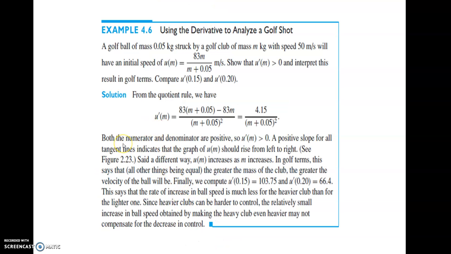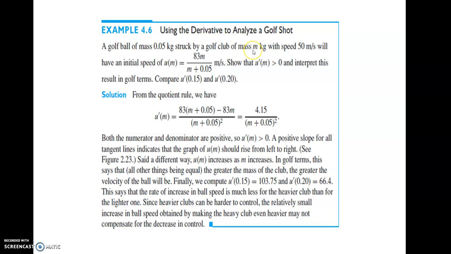So, this is another example which is called an application, and here what is given is u of m. Please remember here this u is the golf ball. This is the question of a golf ball, a golf ball with this weight, weight means mass. There is a club, club means bat.